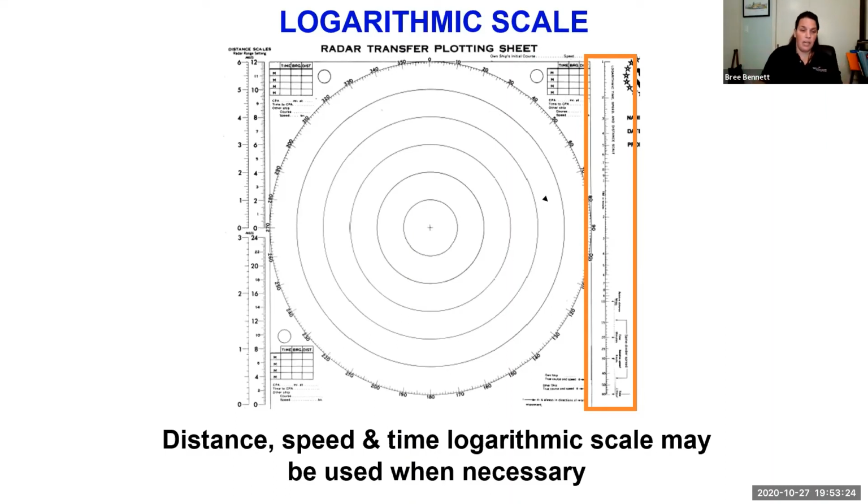Okay. So that's how we're going to be converting our speed to a distance. And then we use the distance scale to make our vector have those two components, a direction and a length.